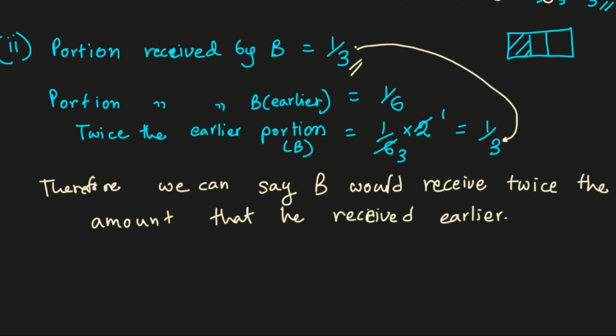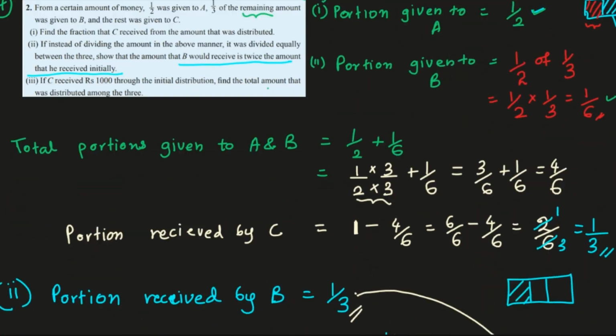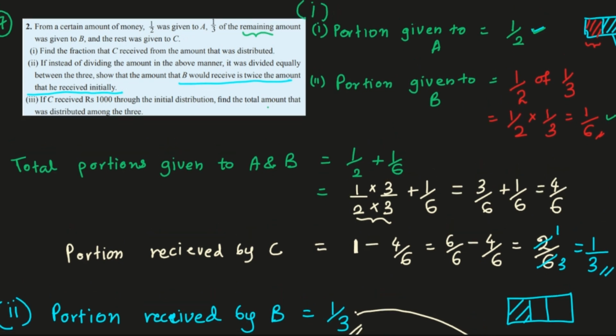Great. Okay, let's move on to the final part of the seventh question. If C received 1,000 rupees through the initial distribution, find the total amount that was distributed among the 3. Now we are talking about the initial distribution. At the initial distribution, what is the portion received by person C? It's 1 upon 3.